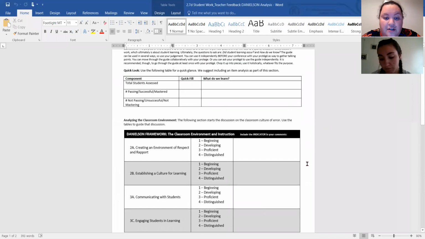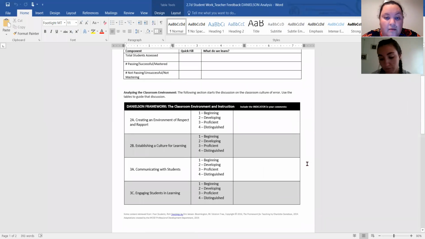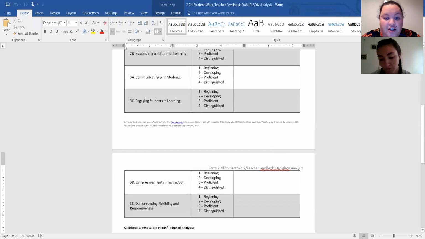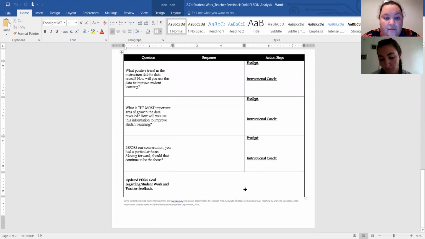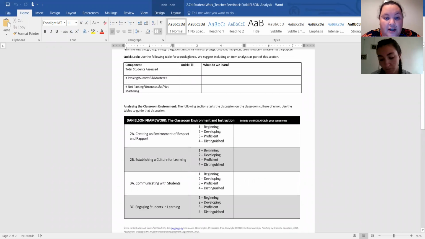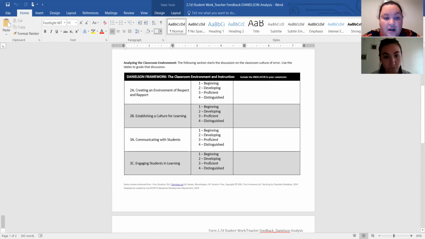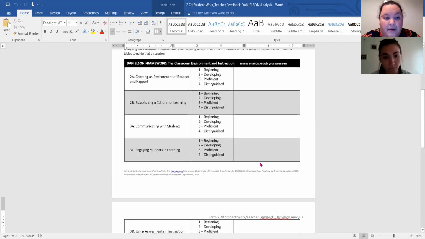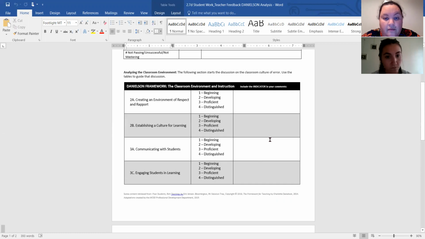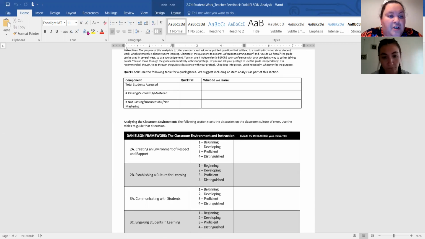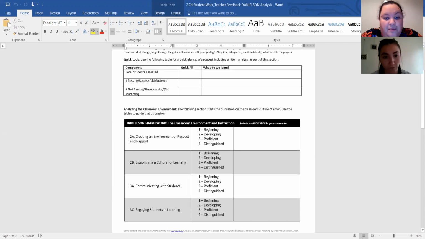I'm going to let you help rate yourself in these areas for classroom environment and instruction. It's domains 2 and 3. I'm just going to highlight which ones you pick.